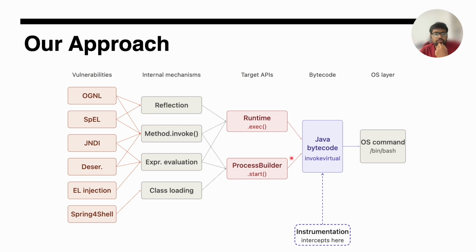Now, when these calls pass through the JVM, the Java bytecode reads them as an invokevirtual instruction before they reach the OS command. And this is our choke point, where we use Java bytecode instrumentation to catch every exploit, be it known or unknown.